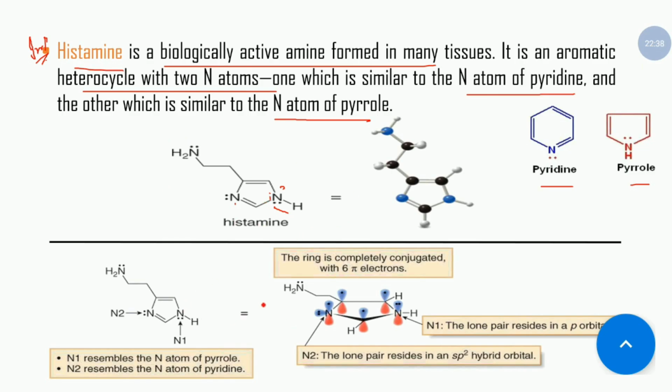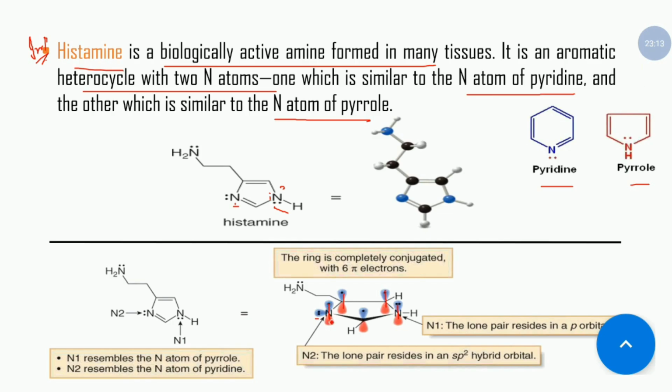Here you can see the main difference: in the 3D structure, this lone pair is perpendicular to the outside of your ring, because this nitrogen is already attached to a pi bond, or double bond, whatever you want to call it. And in case of this other nitrogen, this lone pair is present in the p orbital and in the same plane.